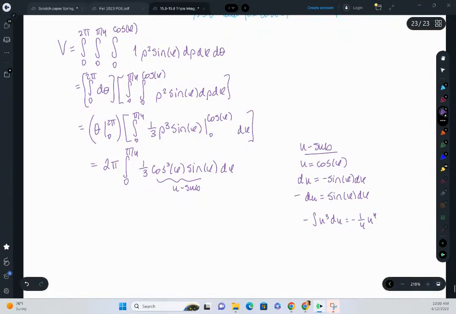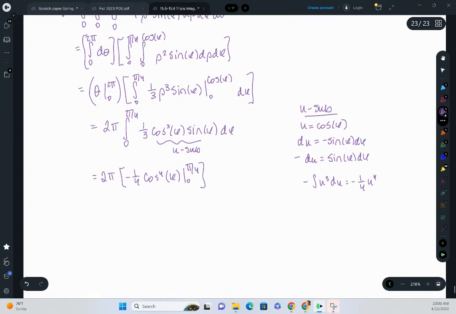All right, so let's go ahead and take care of this. I still have my 2 pi, and then I get a negative 1/4 cosine to the fourth of phi from 0 to pi over 4. That negative 1/4 can actually come out and join the 2 pi. We'll get a negative pi over 2, and then I'm looking at cosine to the fourth of pi over 4 minus cosine to the fourth of 0.